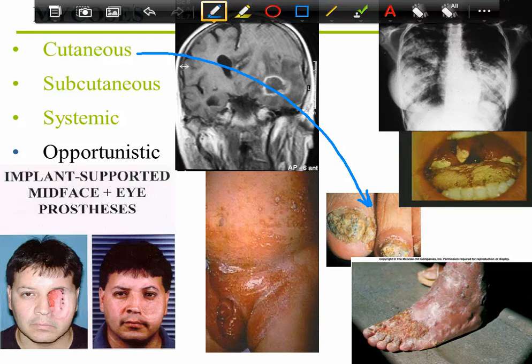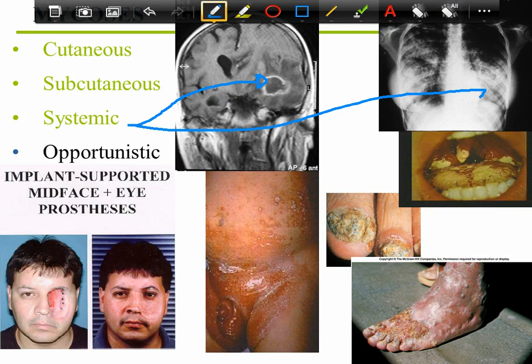I don't have a subcutaneous here. I have some systemic though. This view right here is a fungal infection involving the brain. Systemic means spreads into different organs around the body.